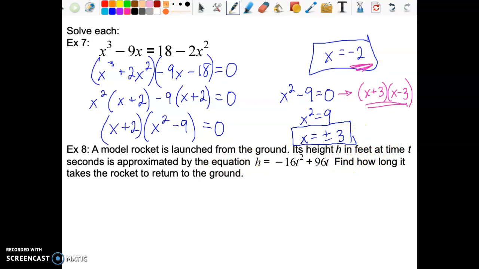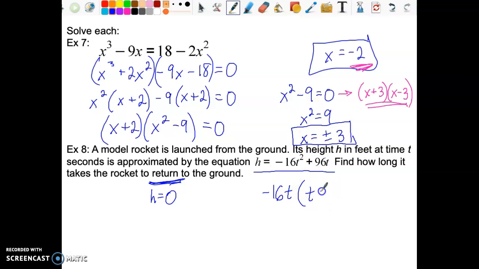So here's another problem where they're just getting you to practice the same thing. Now, if it's returning to the ground, then the height is 0. So don't let the directions confuse you. Yes, it's a word problem, but it's basically saying, hey, can you factor out a t in the problem and negative, 96 divided by 16 is 6.